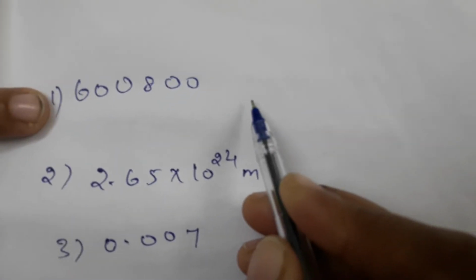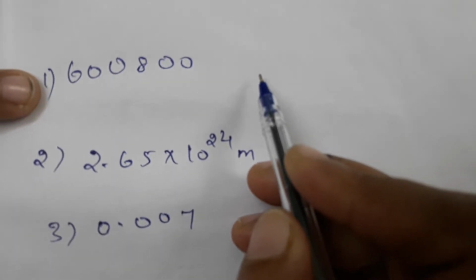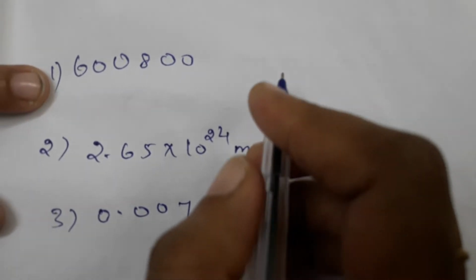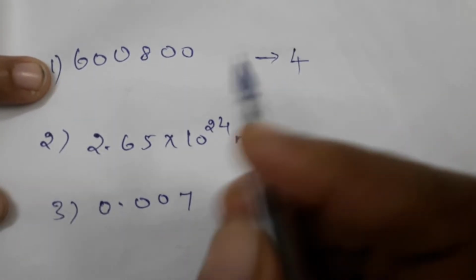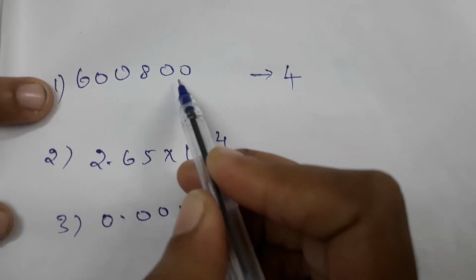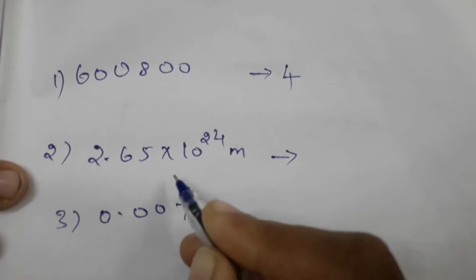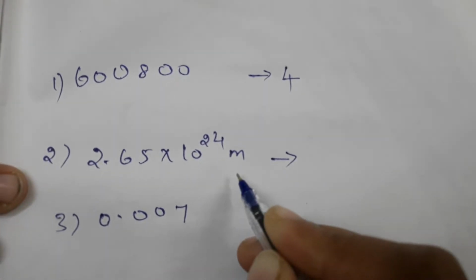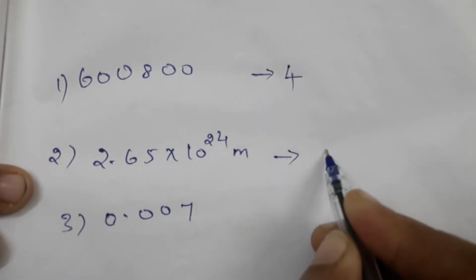First number, 600,800. How many significant figures are there? Yes, there are 4 significant figures. 1, 2, 3, 4. This is not included. Second, 2.65 into 10 power 24 meter. How many significant figures are there? Yes, 3.